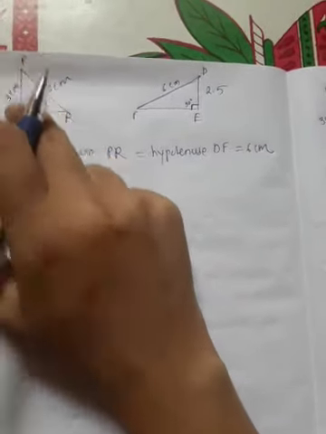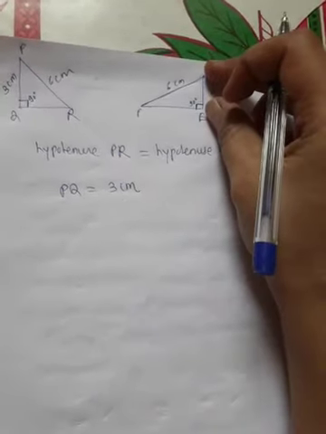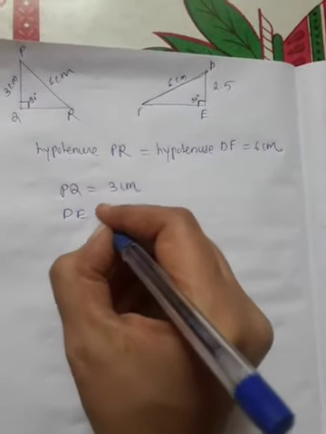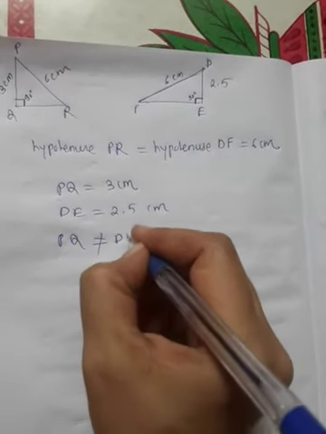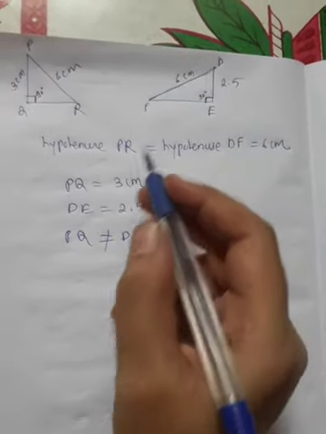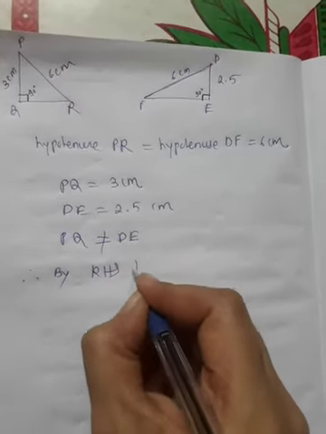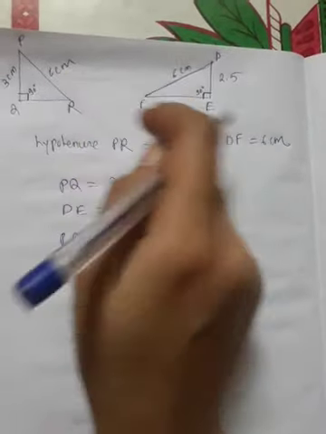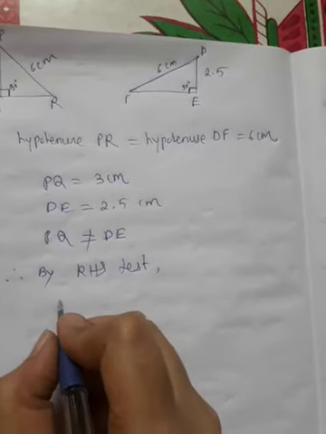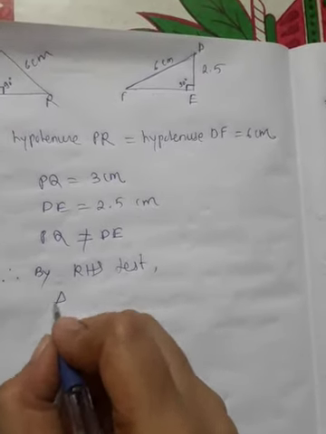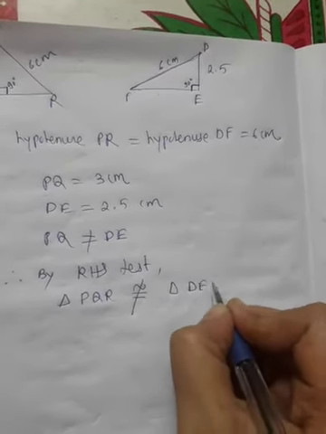One side of this right angle triangle is PQ and is of 3 centimeter, and here one side of right angle triangle is DE which is of 2.5 centimeter, and you observe that these are not equal. PQ is not equal to DE. So here hypotenuse are equal but one side is not equal. So by RHS test we can say these two right angle triangles are not congruent. Okay, so right angle triangle PQR is not congruent to right angle triangle DEF.